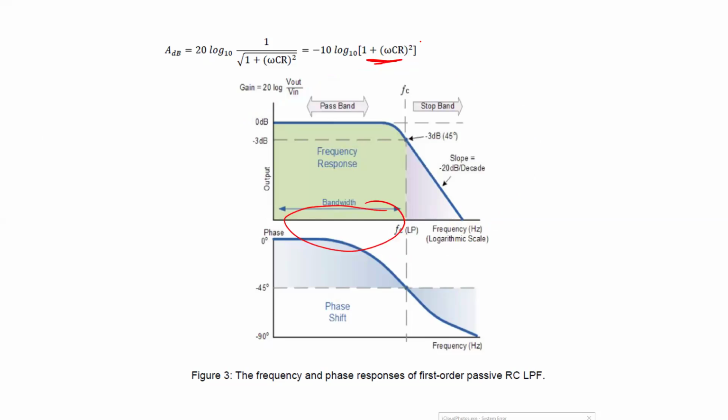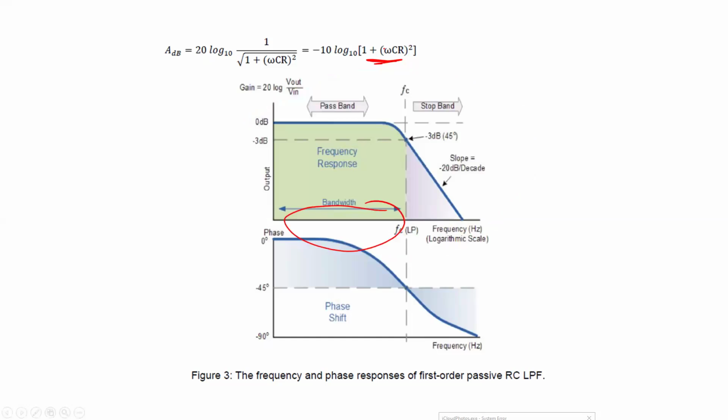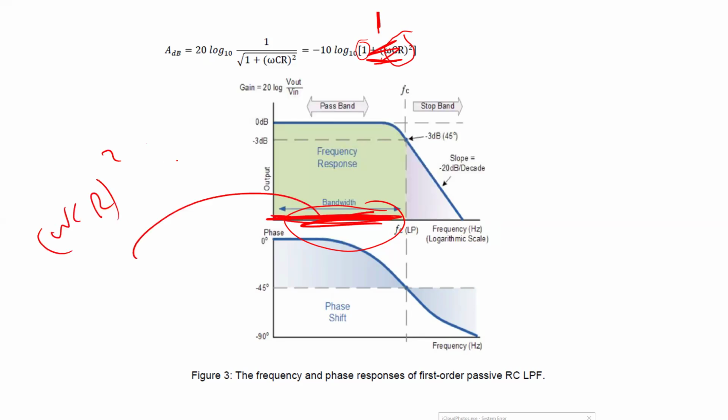At small frequencies, omega C R squared is much smaller than 1, so this part becomes equal to 1. This is what happens in the beginning here. Now log 10 of 1 is equal to 0, so 0 decibel. That's why this is 0 decibel, regardless of the frequency.